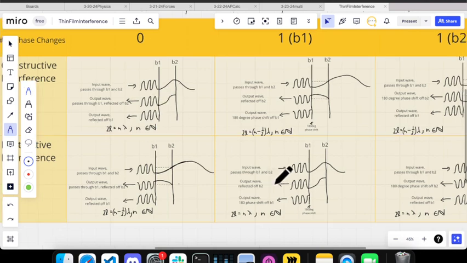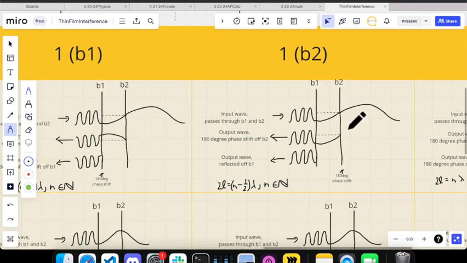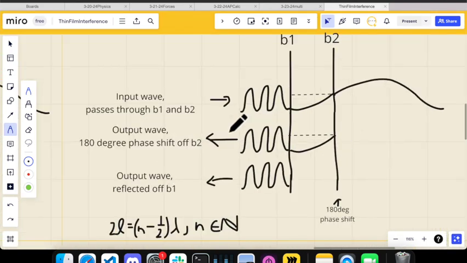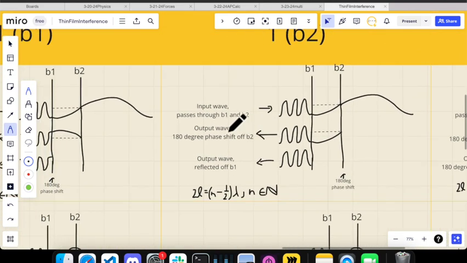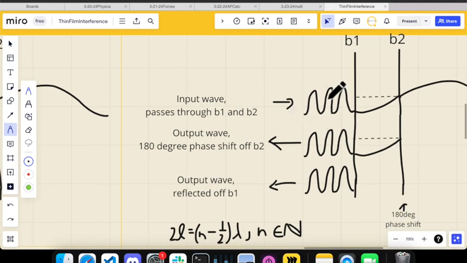Now let's look at the case where the phase shift is at the second boundary. Very similar to what we've been doing before, but with some differences. We have an input wave, and the output wave reflected off the first boundary will be seemingly identical in form and shape.